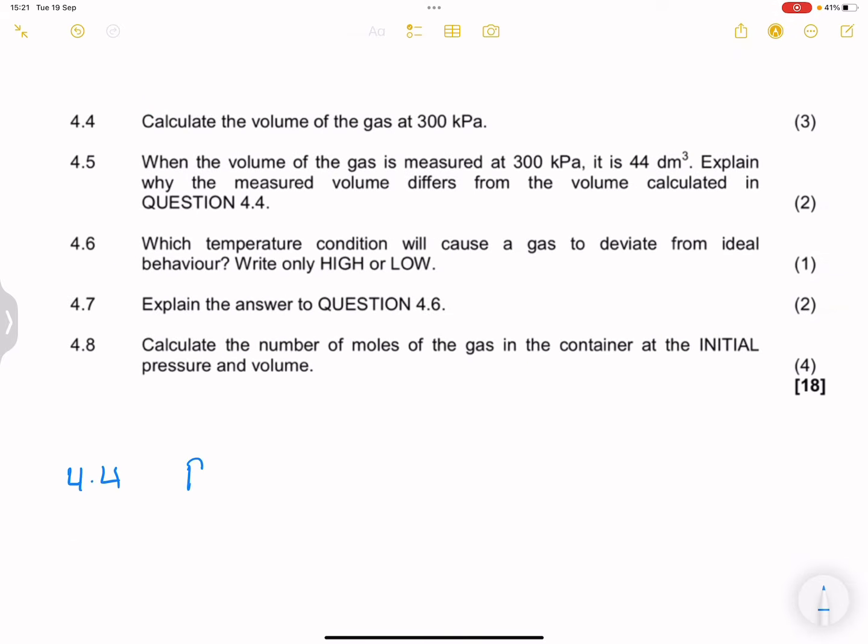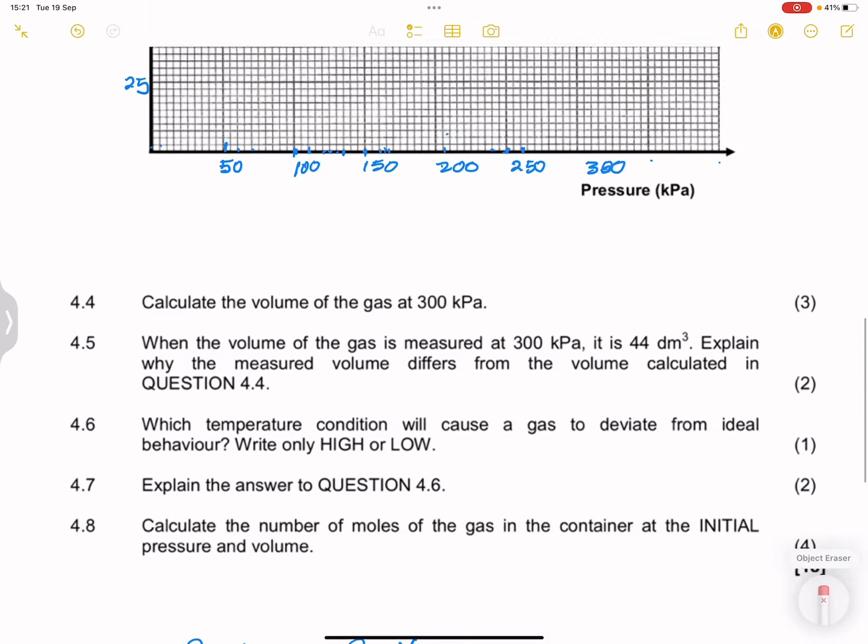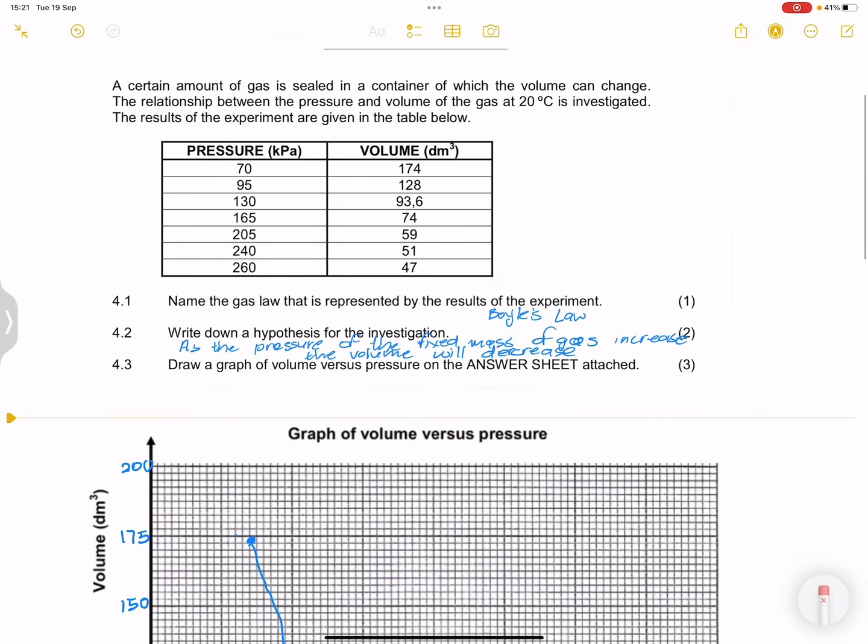So using Boyle's law, we know that P1V1 is equal to P2V2. And please remember, when you're using pressure and volume, that they must be in the same units, right? So let's take pressure 1. Let's take actually the last values that we have, 260 and 47.